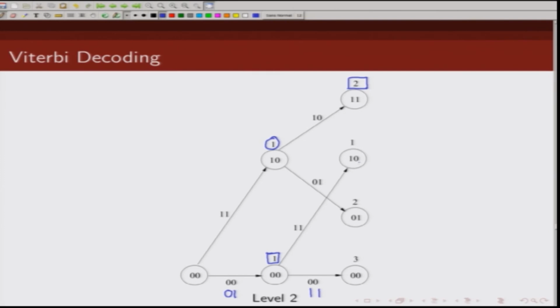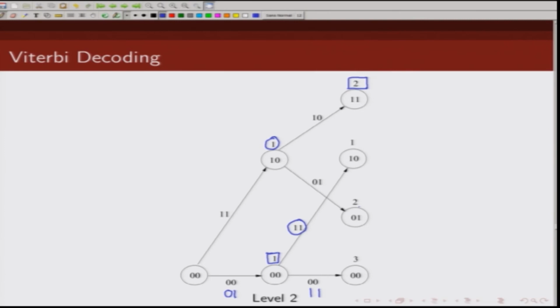Similarly, what is the path metric at this instance? Note the branch metric for this branch is 0, because code sequence is 1 1 and receive sequence is 1 1. So, Hamming distance is 0. And what was the partial path metric? The partial path metric here was 1 and the branch metric here is 0. So, 1 plus 0, that is 1.